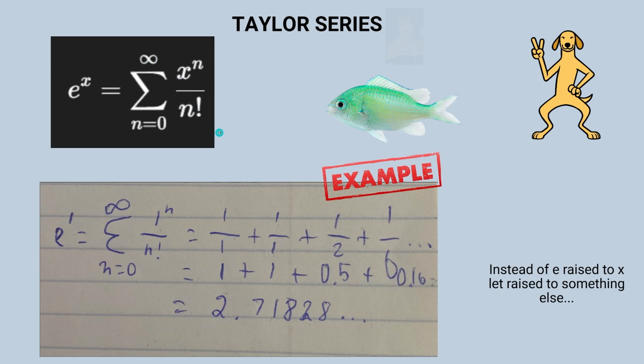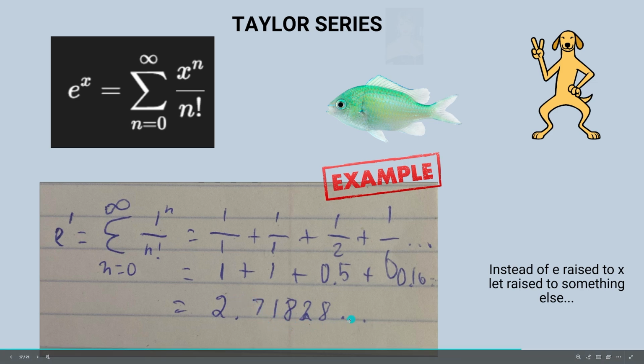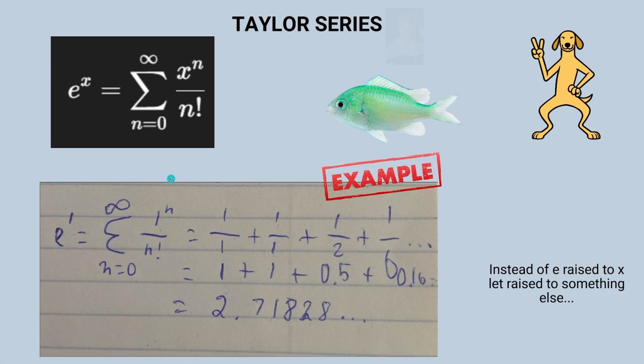For example, when evaluating e raised to the power of 1, we obtain 2.718281828 and so on. This illustrates the justification for the Taylor series. Now let's take a step further. Instead of e raised to the power of 1 or x, we will consider e raised to i times theta.